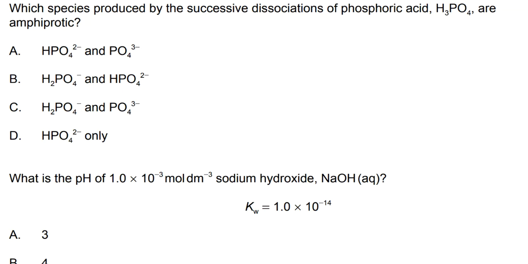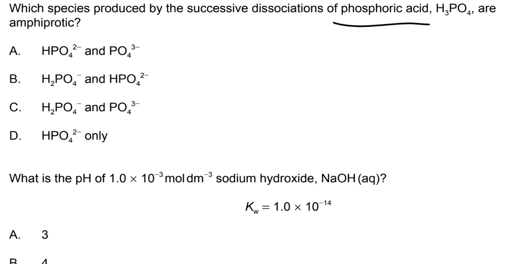Which species produced by successive dissociations of phosphoric acid are amphiprotic? Amphiprotic means that a substance can act as an acid or a base, more specifically a Bronsted-Lowry acid or base.